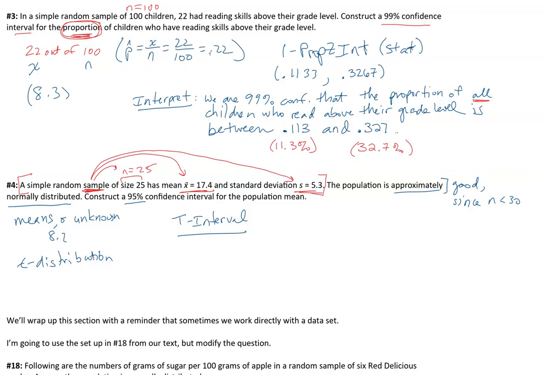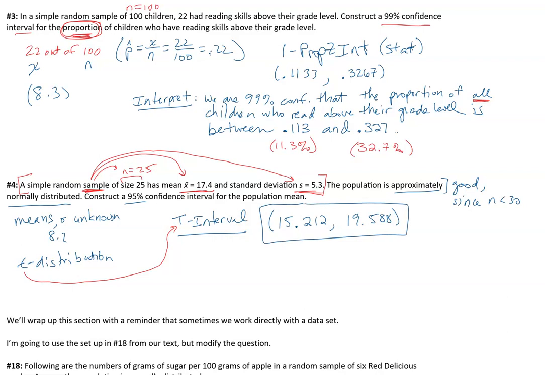Again, recognizing the distribution as the t-distribution tells us to use the t-interval. That's super, super important. So plugging that all in and writing down what we get, I got 15.212 up to 19.588. And again, since there's no context for this problem, I won't bother with an interpretation.